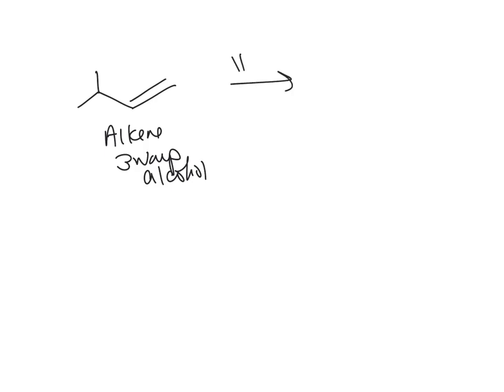If you add sulfuric acid and water, then you're going to get this carbocation, because the hydrogen from the acid is going to add to this carbon, which is Markovnikov.